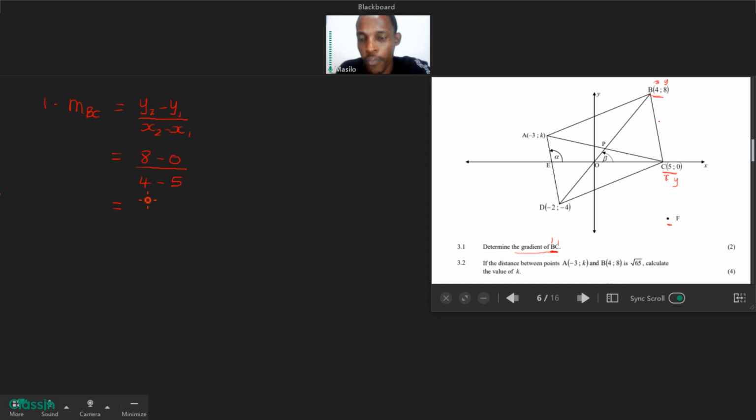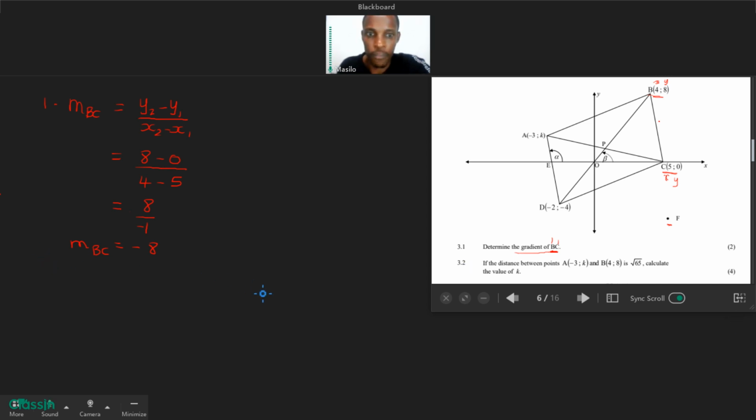At the end of the day, we have 8 divided by negative 1. It means that the gradient of line BC is negative 8. So the gradient of line BC is negative 8. Now, once we get this, we go to the second question.